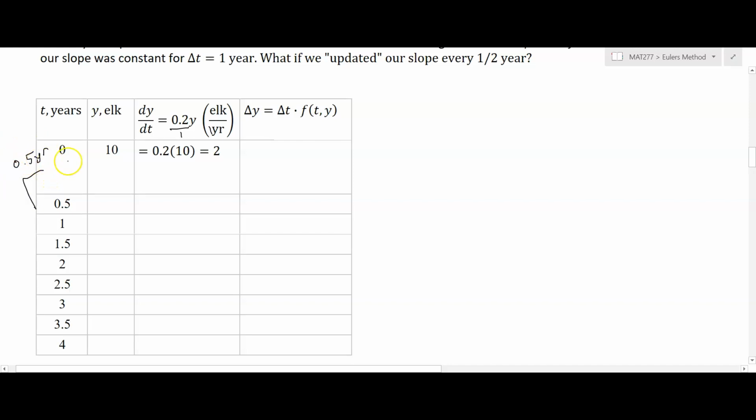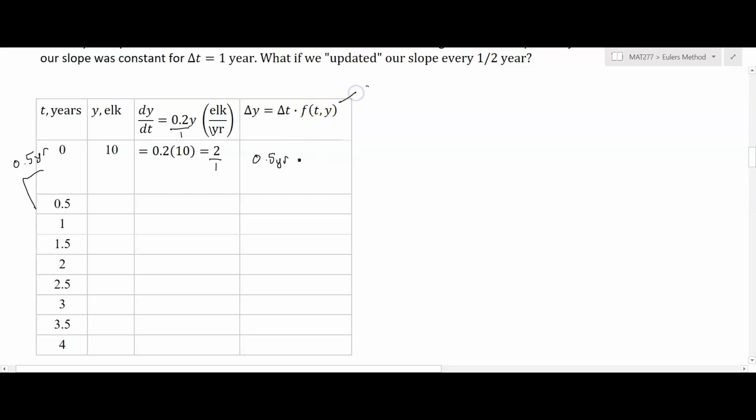a year. So if this is a ratio of 2 elk per 1 year, my change in y is not actually going to be 2. My change in y is going to be my step size, which is half a year, and I'm going to multiply that by f of t, y.